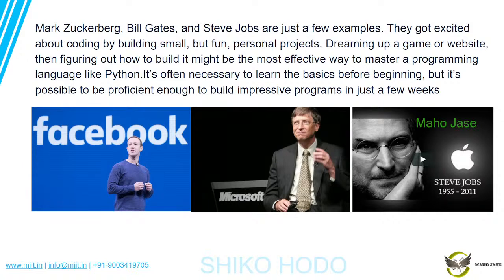To master a language means that you can build a big application like your PUBG game, a Free Fire game, an operating system like Windows or Mac OS, or an application like Facebook. They learned and mastered the programming language.